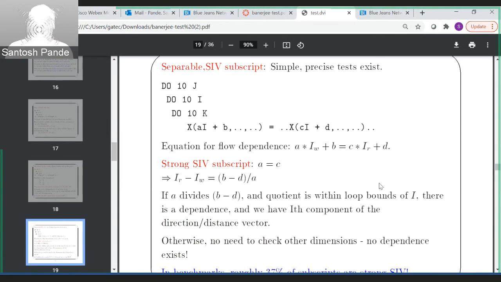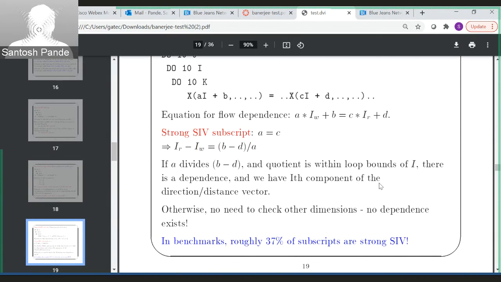And here we have what we call a strong SIV subscript case, in which the coefficients of IW and IR are the same, that is A is equal to C. And if that is the case, we can reorganize these equations and say IR minus IW is equal to (B minus D) divided by A. Now you can easily see that if both IR and IW are integral, then IR minus IW must be integral.